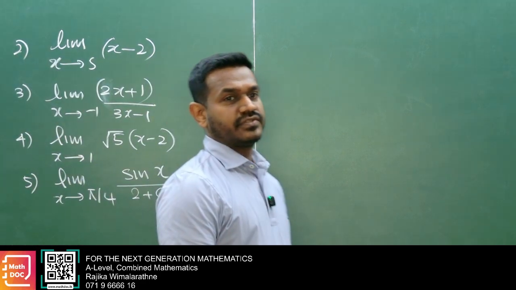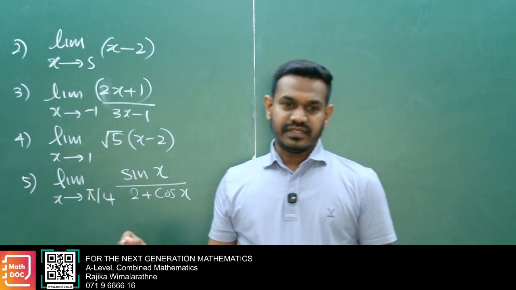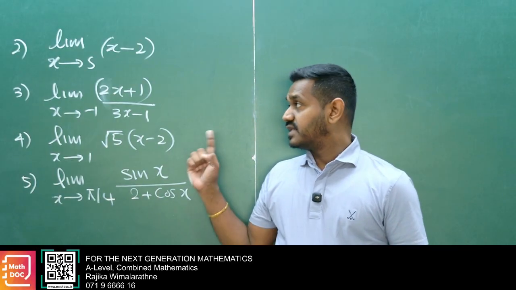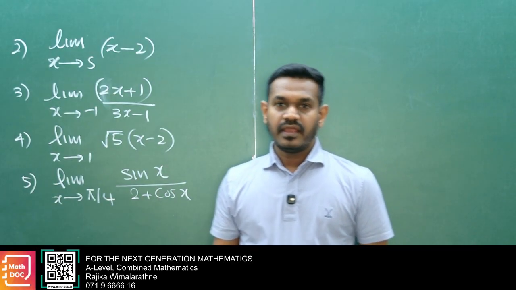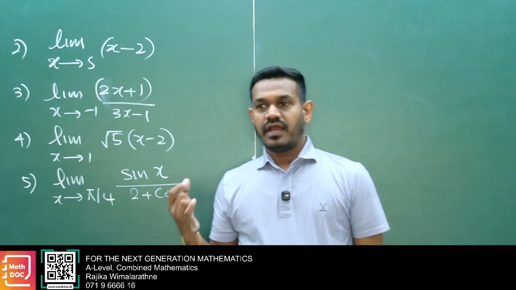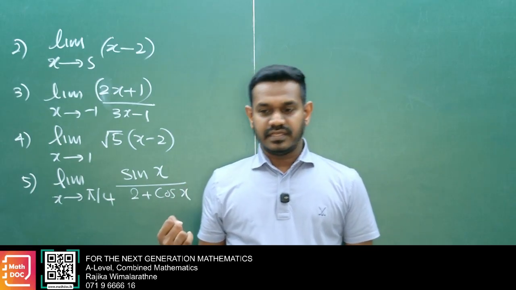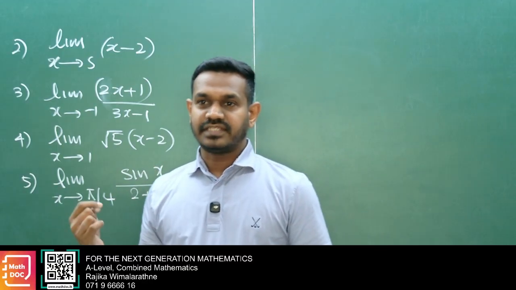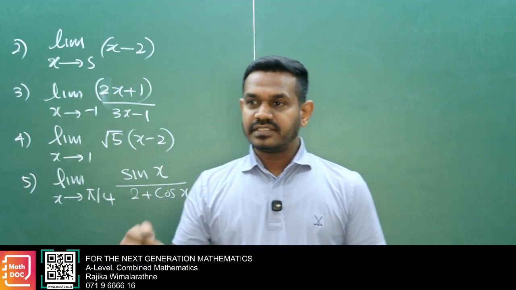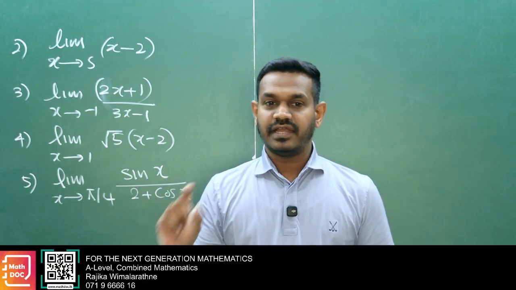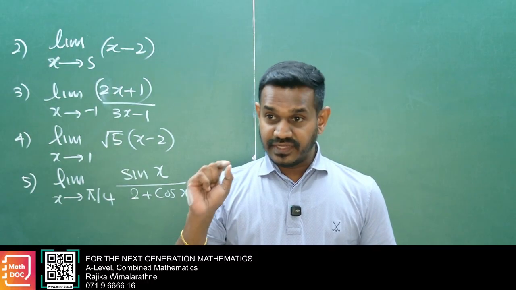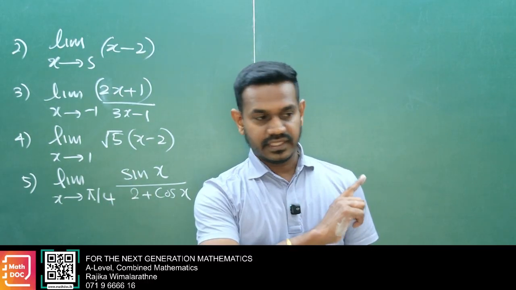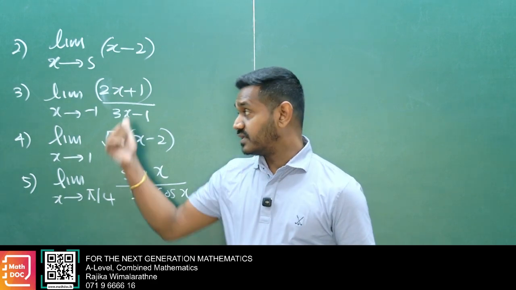These are simple questions. You just have to substitute values, then simplify and get the final answer. That is one type of question. So when you are evaluating a limit, definitely as a first step, in your mind substitute the value and check whether it is defined or not. If it is defined, you take that as the answer. If it is undefined, you need to go along another path.